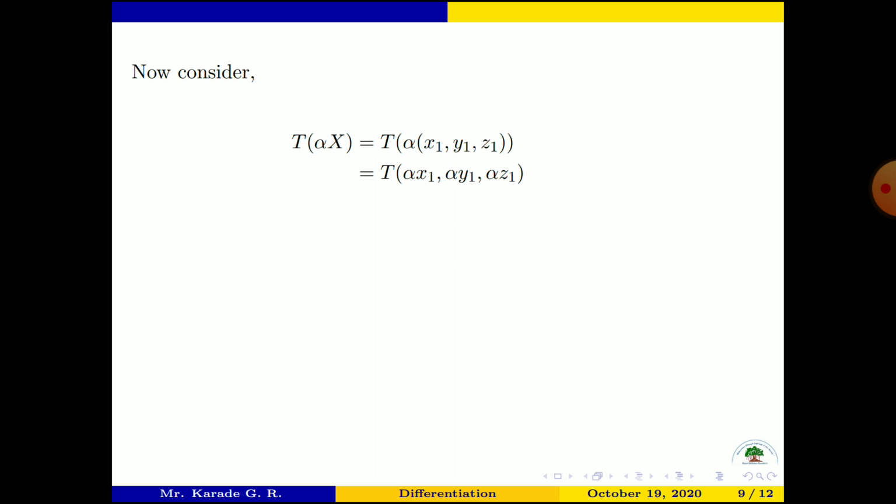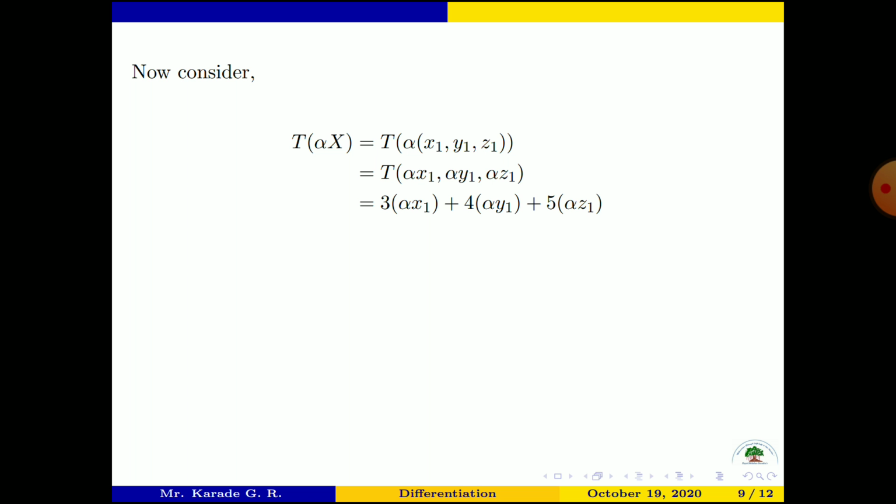Now again see here, T is operating on the vector (alpha x1, alpha y1, alpha z1), and we know the definition of T. The definition of T says that T of (x, y, z) is equal to 3 times the first component plus 4 times the second component plus 5 times the third component. The same thing we write here: 3 times alpha x1 plus 4 times alpha y1 plus 5 times alpha z1.